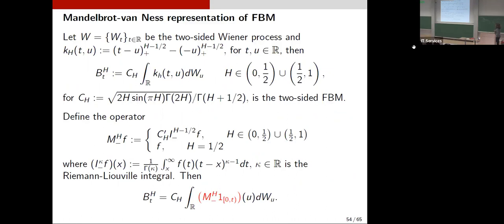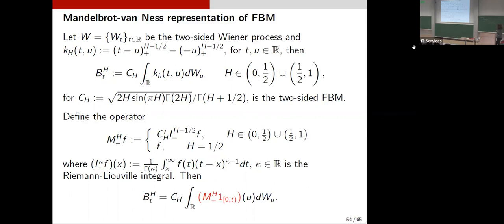So here, instead of the simple Brownian motion that I have used so far, I consider a two-sided Wiener process, so for t in R. And then if we consider this integral with this kernel here, this integral with respect to W, then we have this representation of the fractional Brownian motion.